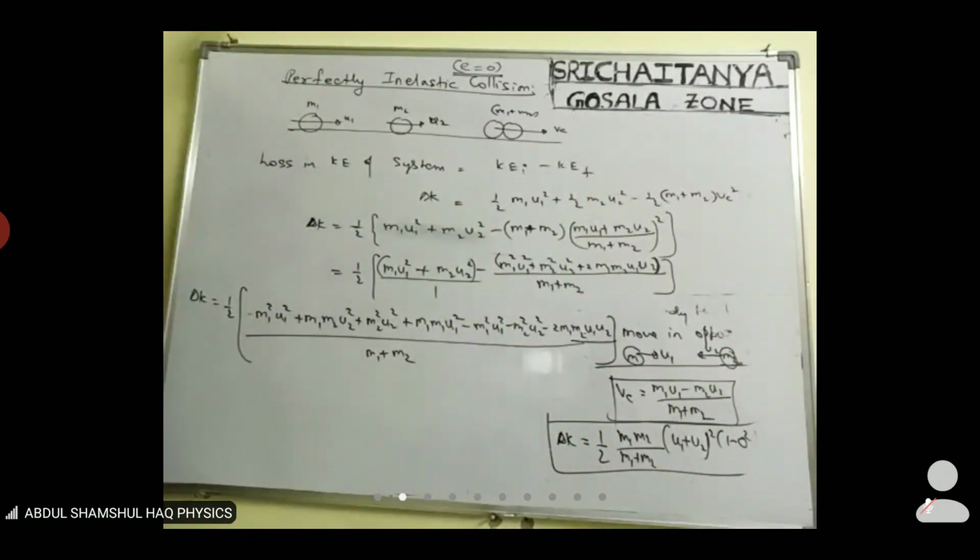Epic lengthy derivation, epic terms came, but don't worry about this, students. Two pairs of terms will cancel out. Identify the two pairs which get cancelled out. Yeah, right. m1 u1 square will cancel out.